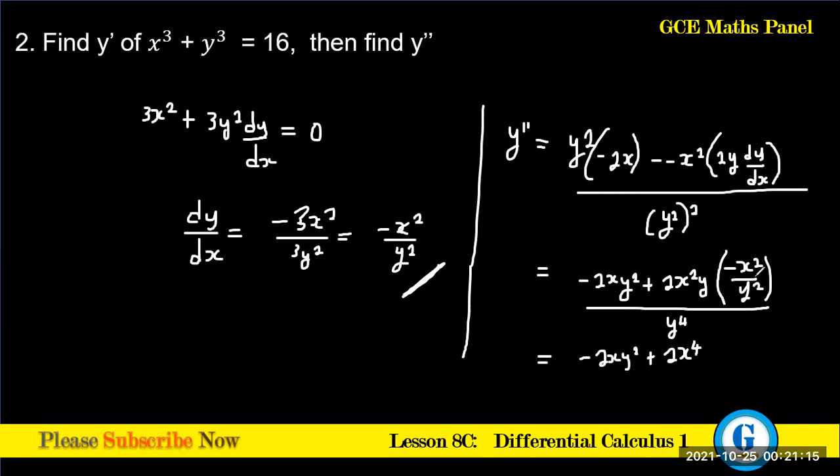Now, because of this negative sign here, we are going to have minus at that point. So now this one becomes minus. So we have now minus 2x to the power 4. This y will cancel out to this y here, and we'll be left with on y.